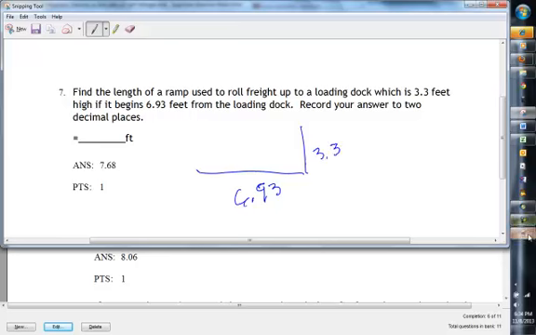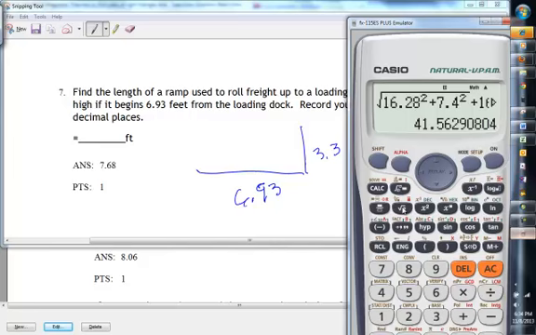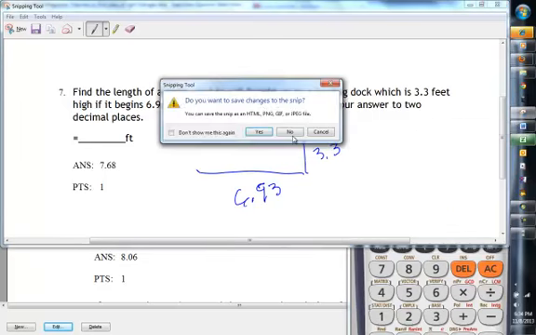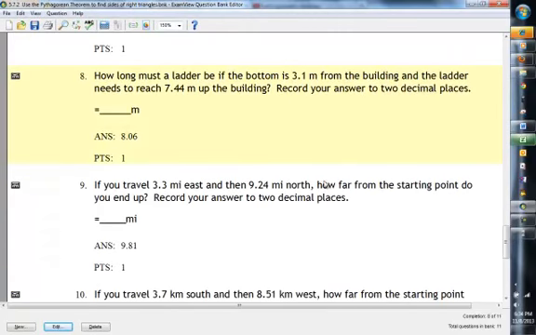And so on our calculator, we would just take square root 6.93 squared plus 3.3 squared, and we get 7.675.